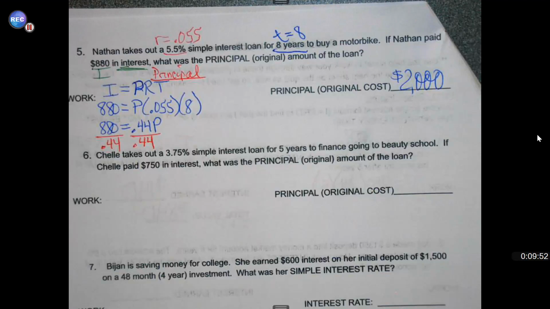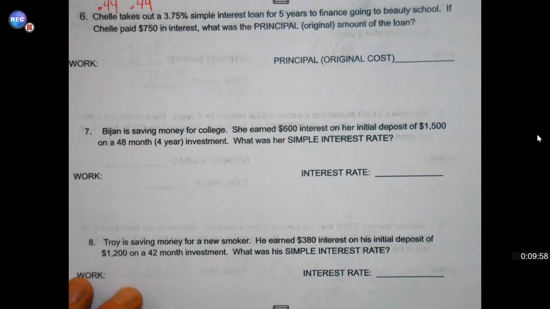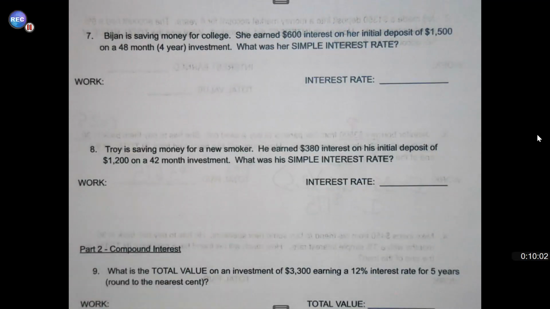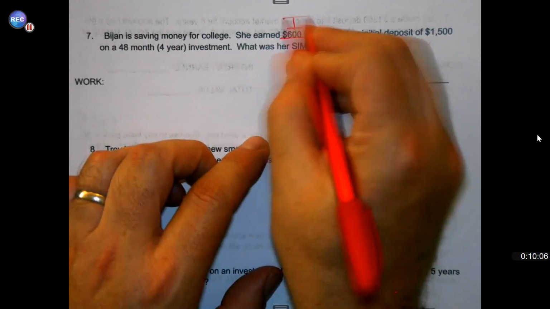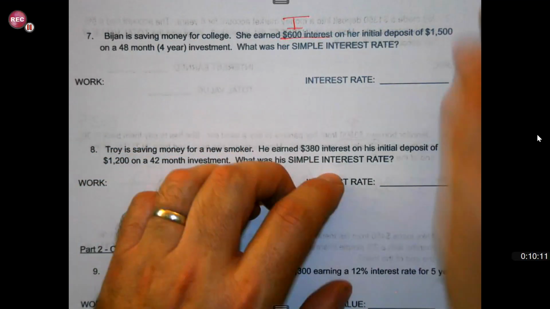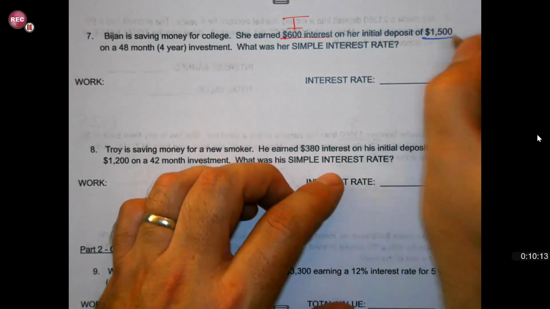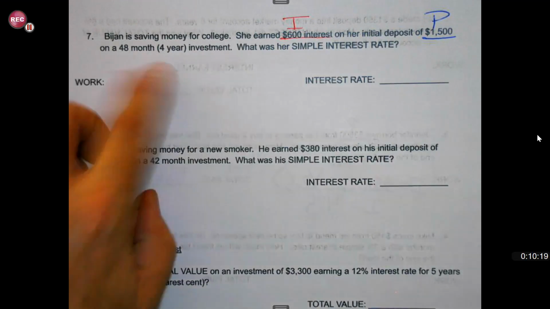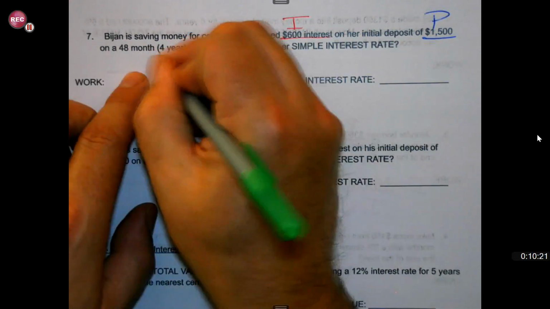Let's keep playing with weird. Let's go to 7. Still going to be weird. Bijan is saving money for college. She earned $600 interest on her initial deposit, her principal, of $1,500 on a 48-month, 4-year investment.